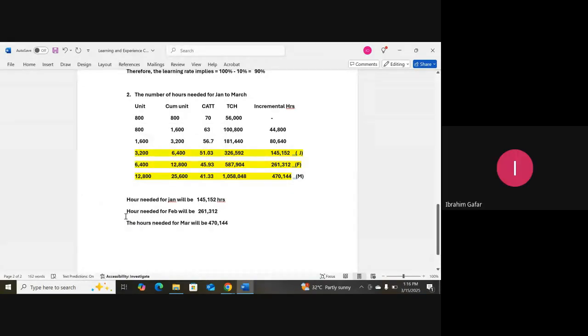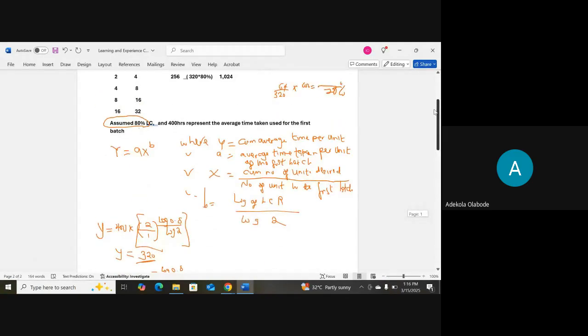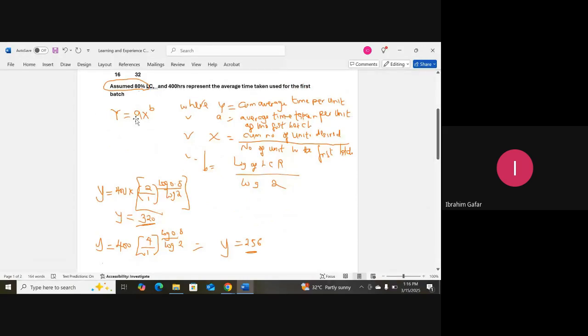You can use the formula as well. I've explained the formula. You can use formula to arrive at the CAT. Any question on that? Y is equal to ax raised to power b, where y is your cumulative average time, your CAT in the table.